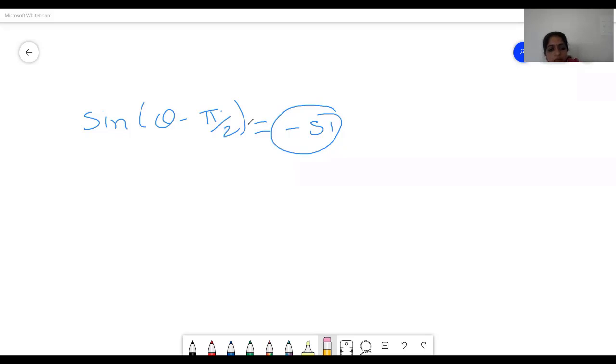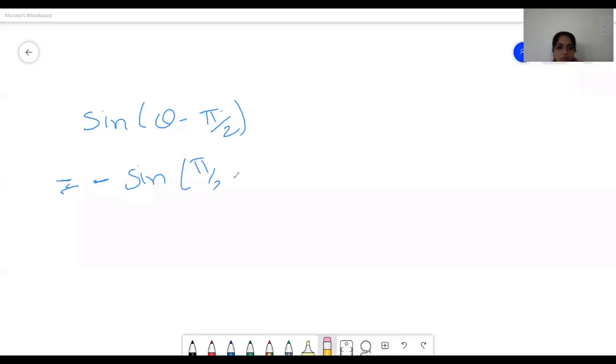See, here sine theta minus pi by 2. If I take minus common, it is minus sine pi by 2 minus theta, right? Now minus and keep it same. Here pi by 2, so our sine function will convert into the cos theta.